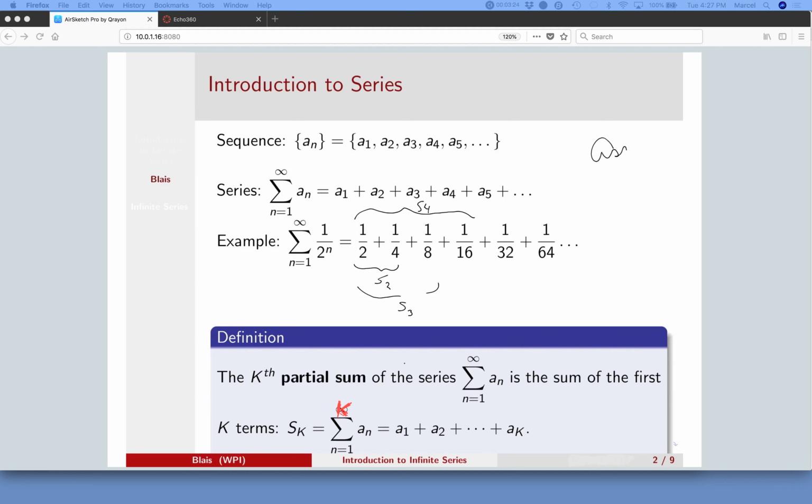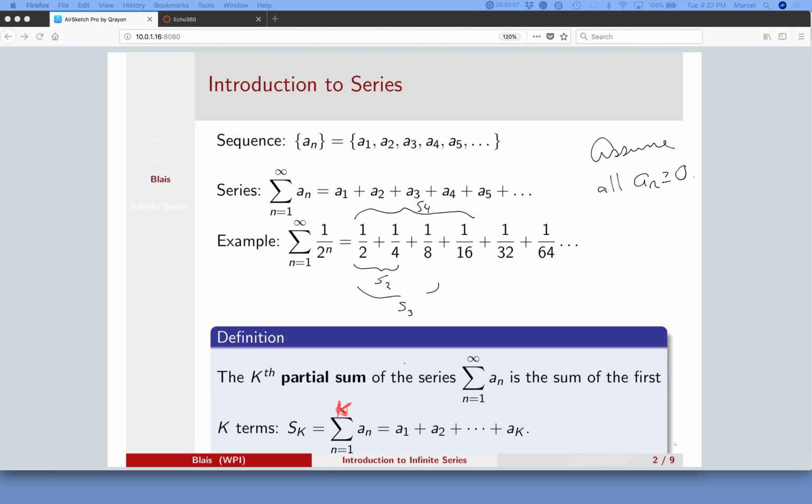So we assume that all a sub n, for now, are greater than or equal to 0. So what does it mean to add up infinitely many terms? We're very comfortable adding finitely many terms, so we can use this construct to help answer this question. What does it mean to add up infinitely many terms, and does this actually sum to something finite?